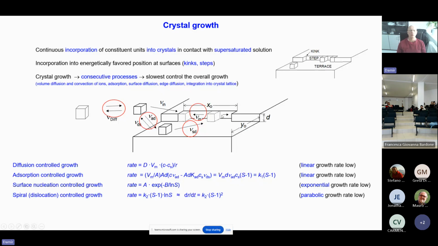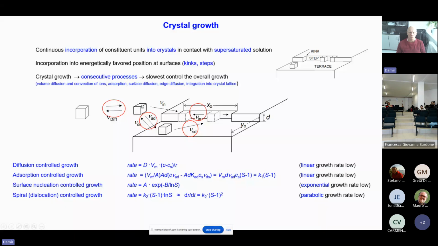Crystal growth is actually a consecutive process. It means that during the crystal growth, several processes take place. The first of them is a diffusion of constituting units in solution up to the surface.